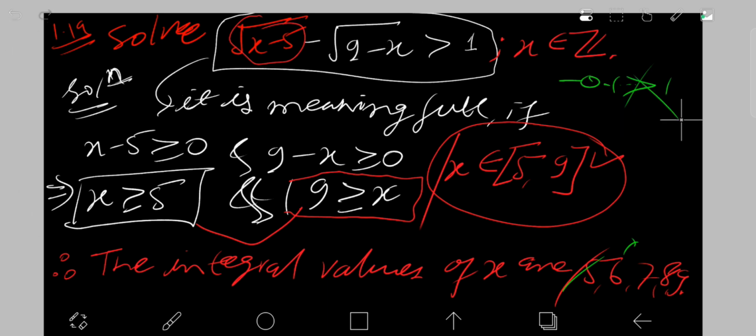So 6 is also not a solution. Now 7: 7 minus 5 gives root 2, and 9 minus 7 gives 2, so root 2 minus root 2 is 0, and 0 is not greater than 1. So 7 is also not a solution.